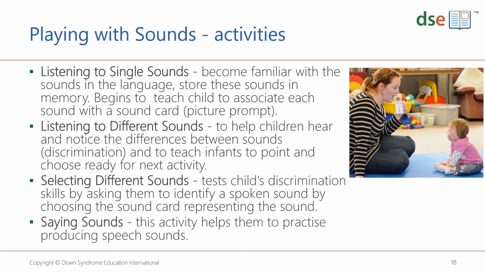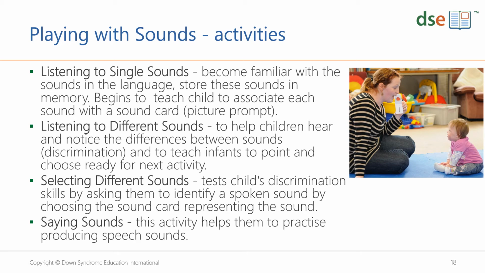There are sounds that are easier. B, d are easier sounds, for example. And again, Carol Stoel-Gammon has written and assessed the information that shows in the first vocabulary that most children learn, a lot of those words are the words that start with easier sounds. There is a pattern to this for all children.